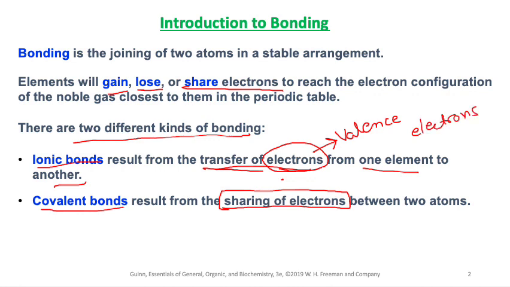So remember this: the electrons that atoms normally use to form any kind of bond, whether it's ionic or covalent, are their valence electrons. This is one of the important things. Now let's talk about ionic compounds first, and then we're going to go on to covalent compounds. Let's go to the next slide to talk about ionic compounds first.